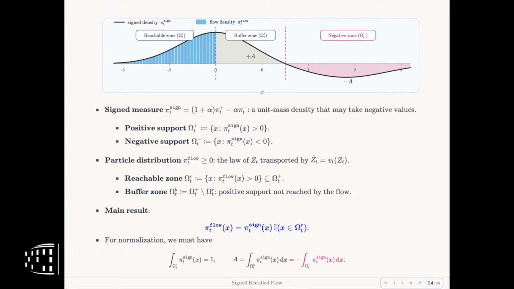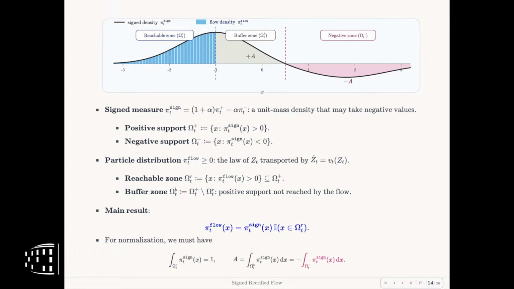Now this draws a connection to the continuity equation. As I mentioned earlier, one of the key results was that the interpolation process density equals the ODE density in the normal case. But now these two diverge, and they diverge exactly in this way.